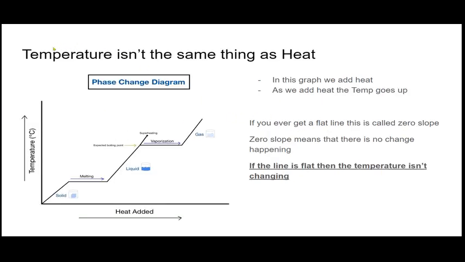So I need you to remember temperature isn't the same thing as heat. If you've been taught that, then you've been lied to. Temperature is similar to heat, but it's not the exact same thing, in a similar way that squares are similar to rectangles, but not all rectangles are squares, or not all squares are rectangles.